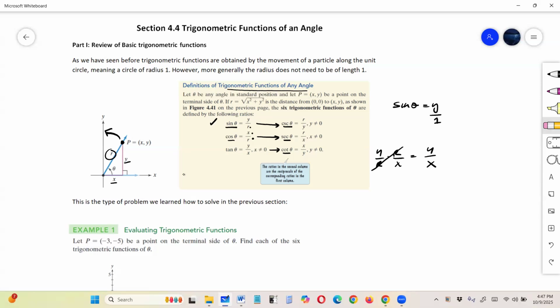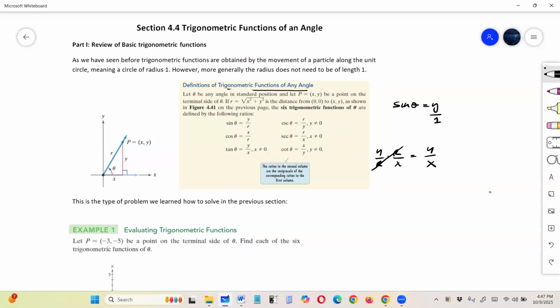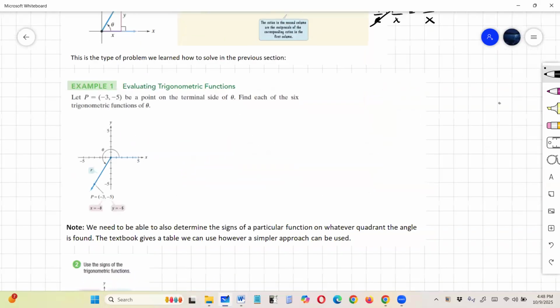So these are the definitions, and in this instance, since the circle is no longer a unit circle of radius 1, we do have to divide by r because r is not necessarily 1. Okay, so this is the type of problem that we've seen before, and this is a little bit of a variant because, like I said before, the radius is no longer 1.